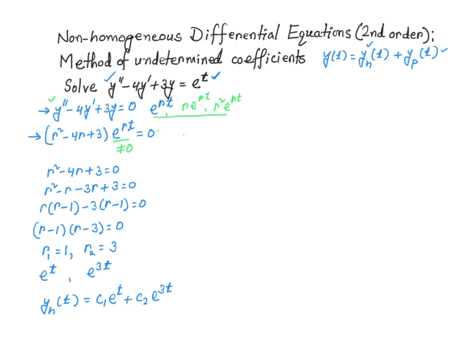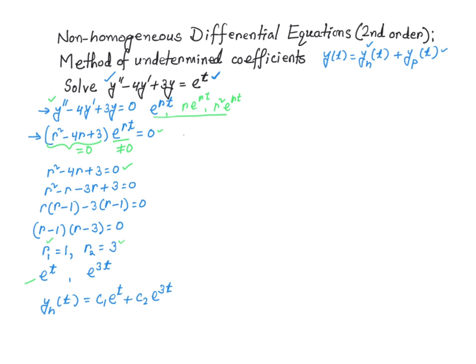So since the right hand side is 0, it must be the case that this factor is equal to 0. This is a quadratic equation, so we can solve it by either factoring or by using the quadratic formula. If we solve it, we get r1 is equal to 1 and r2 is equal to 3.